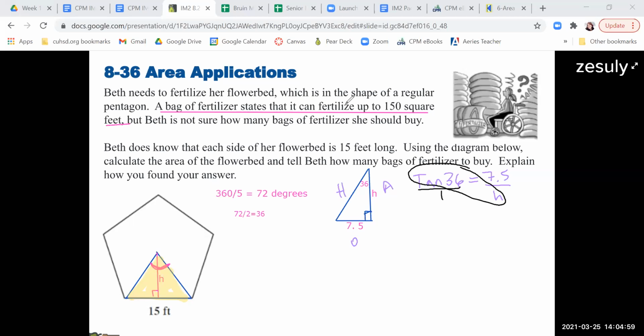So I'm going to just type in tan 36. So that's 0.7265 times h. And then that's equal to 7.5 times 1. And then I divide out by 0.7265 on both sides to get h by itself.